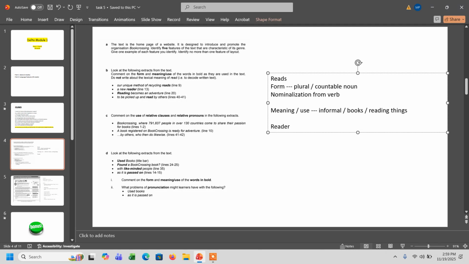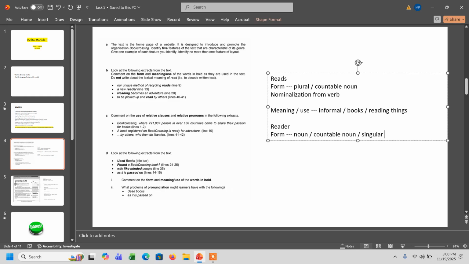Reader, from line number 13. Reader's form is a noun. Don't just say noun. It's a countable noun and singular. See here, I wrote down plural. You need to give very specific things here. Singular, and what else?